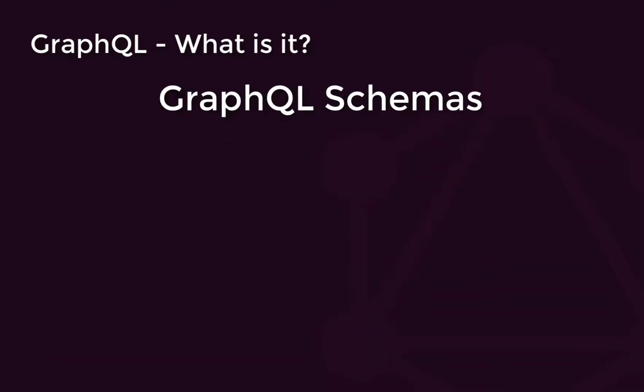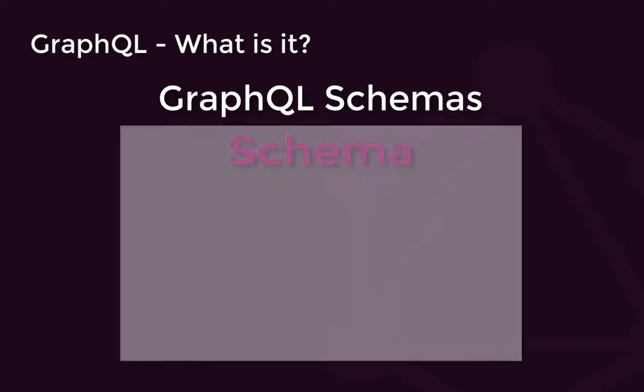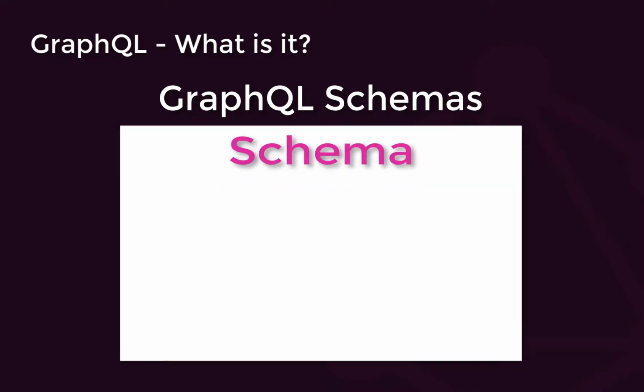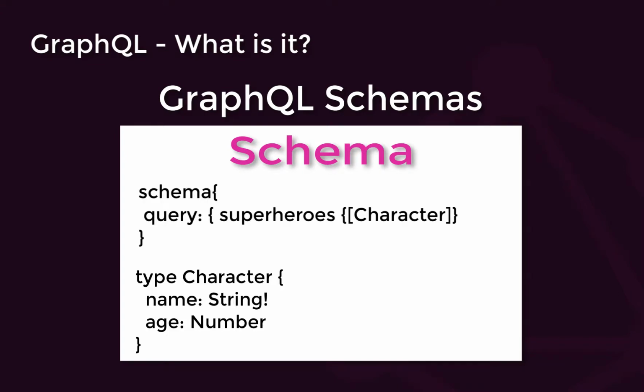Well, they're nothing more than text files formatted in something called schema definition language. Really, it's very close to JSON documents, but not quite the same. Let's take a look. For our imaginary website, the schema might look like this. First, we see there's a single operation for query called superheroes.